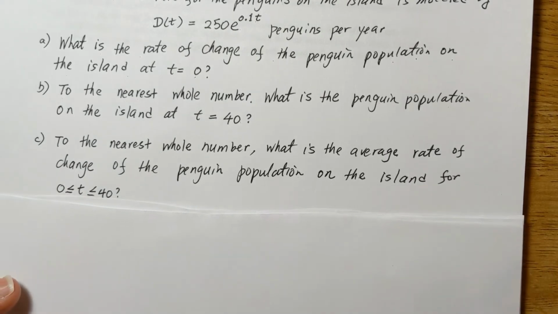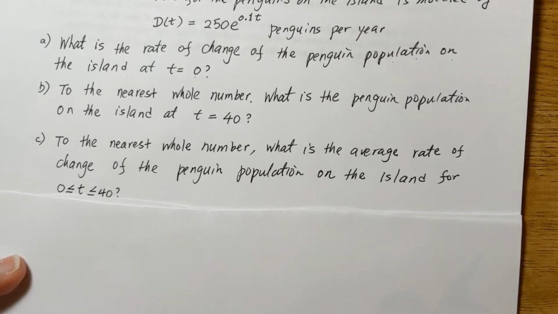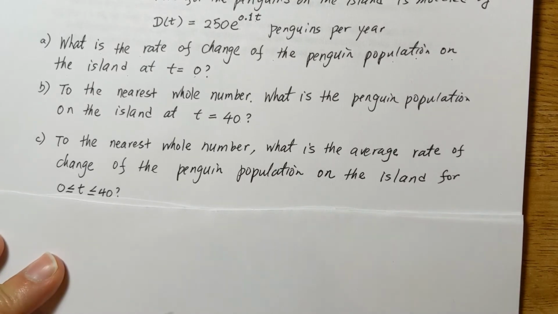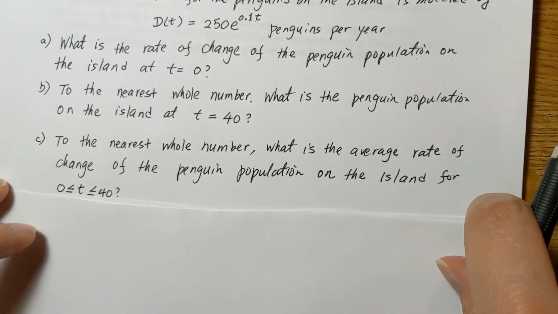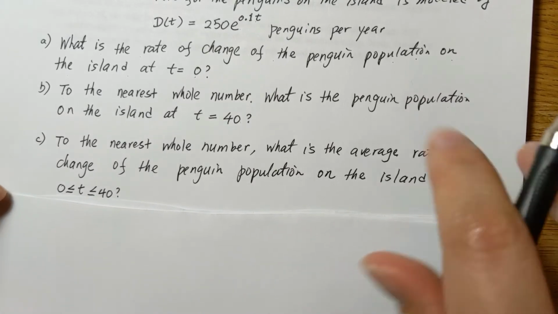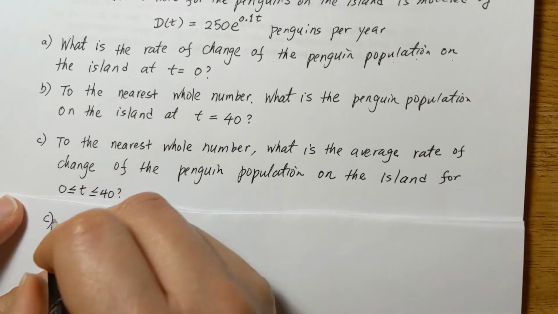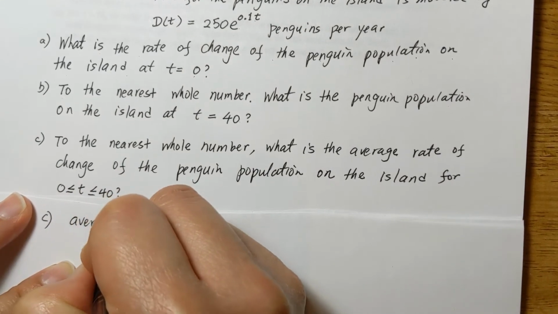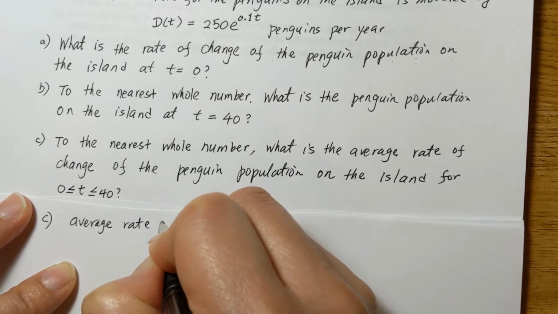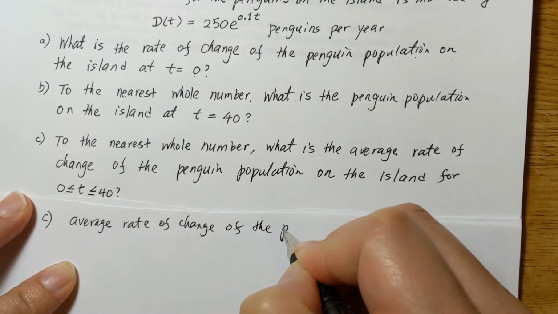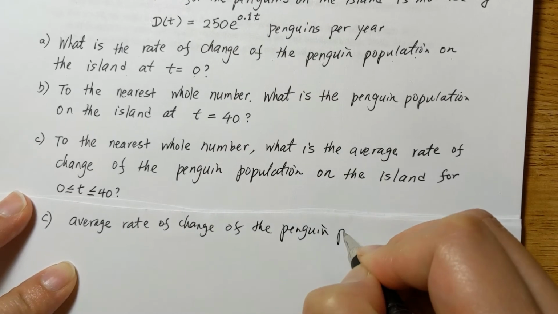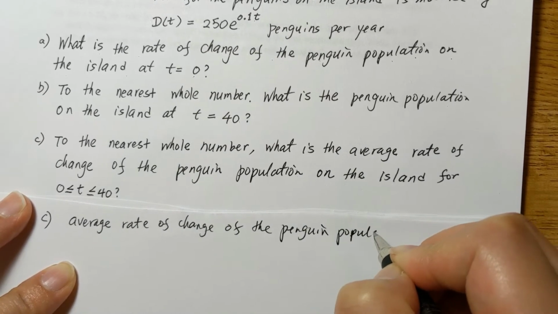To the nearest whole number, what is the average rate of change of the penguin population on the island for t between 0 and 40? You have to find the average rate of change of the penguin population.